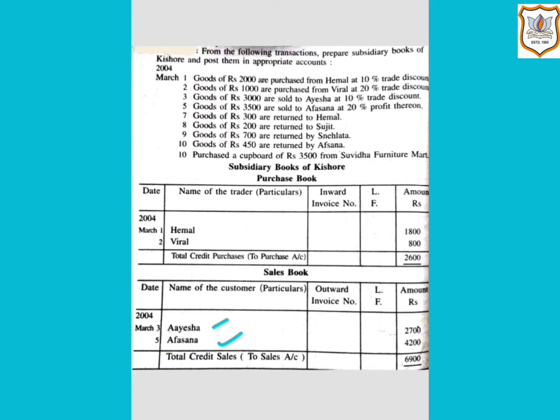That means here Aisha's account will be debited by rupees 2700 and Afsana's account will be debited by rupees 4200. And the total of the sales book shows the credit sales made during the period, that is 6900. So here the amount is credited to the sales account. So let us see.